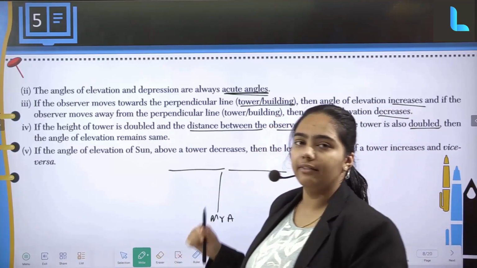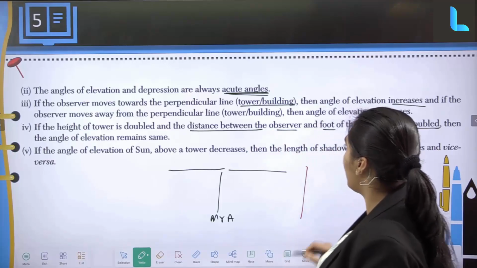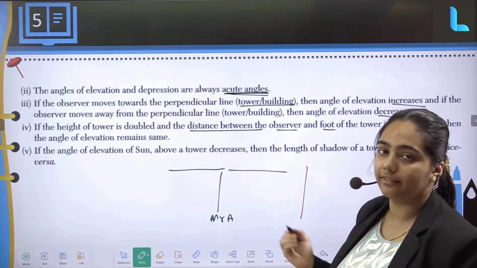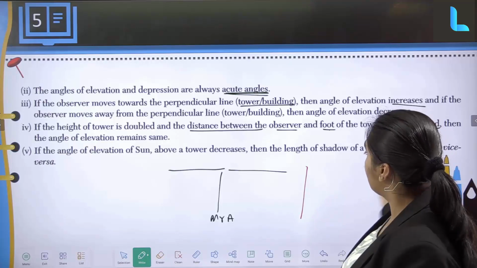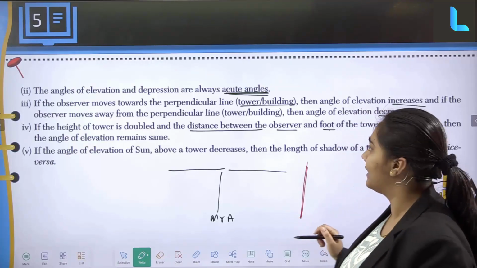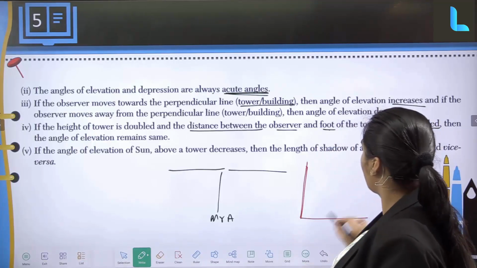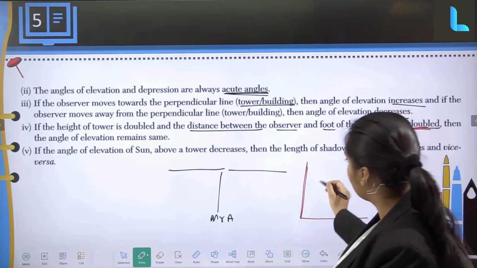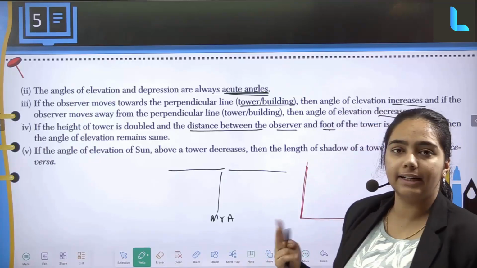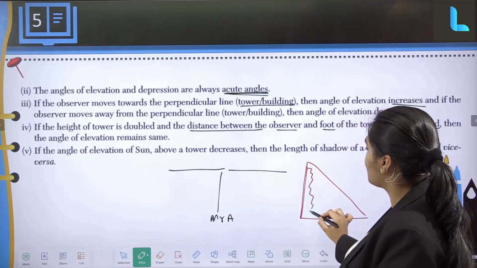If the height of a tower is doubled, then the distance between the observer and the foot of the tower is also going to get doubled. See, if a person is standing over here and the tower gets doubled, the distance between the observer and the foot also gets doubled, right? Suppose there is a question relating to the shadow. This is going to be a shadow.